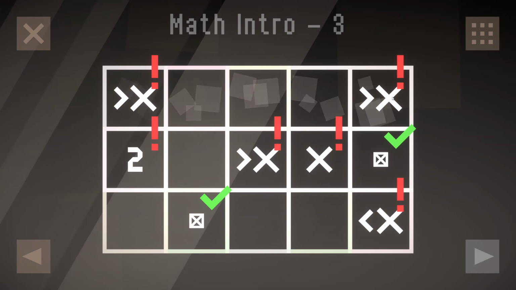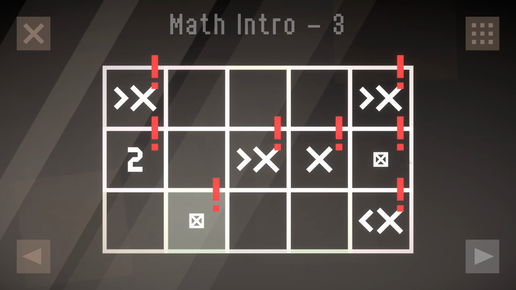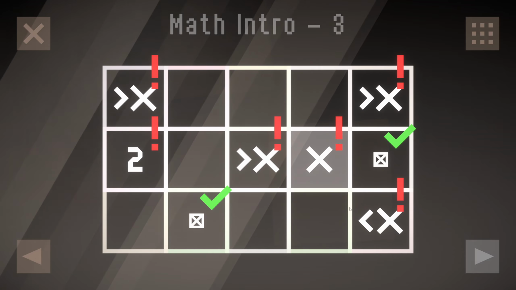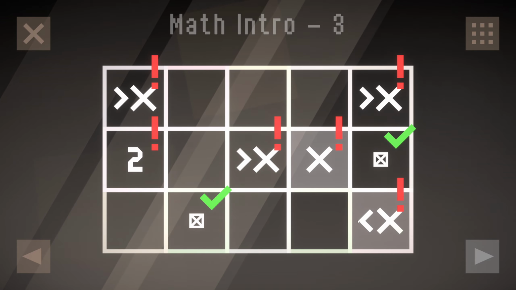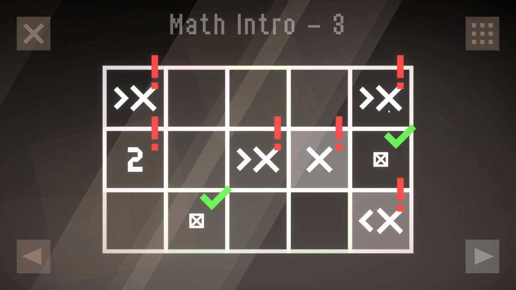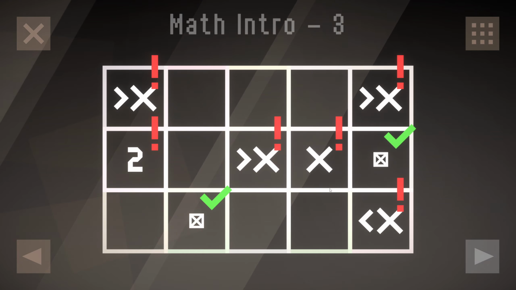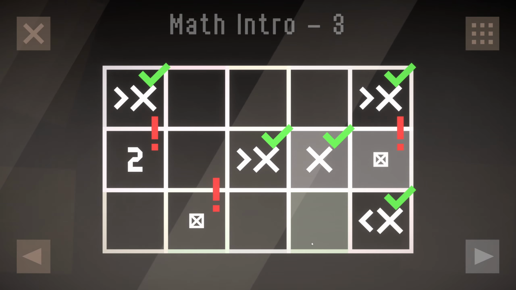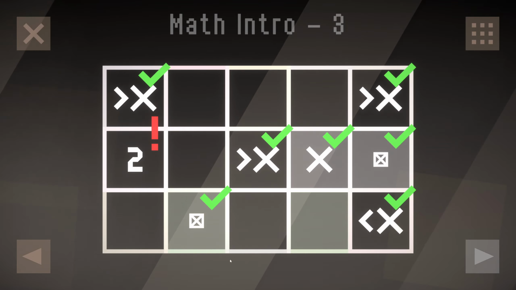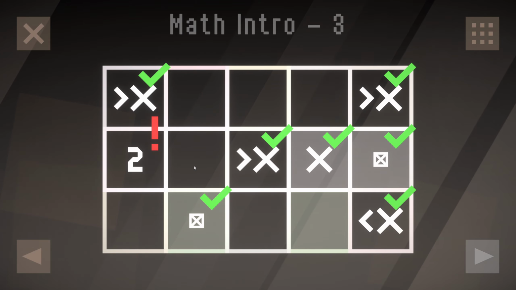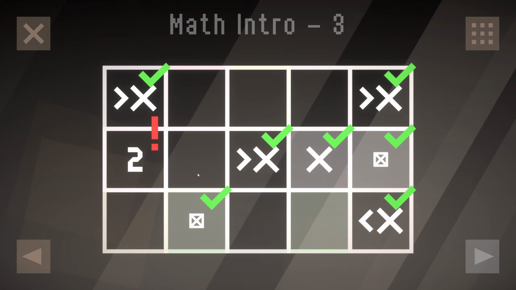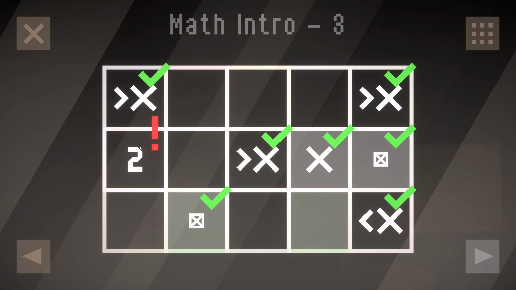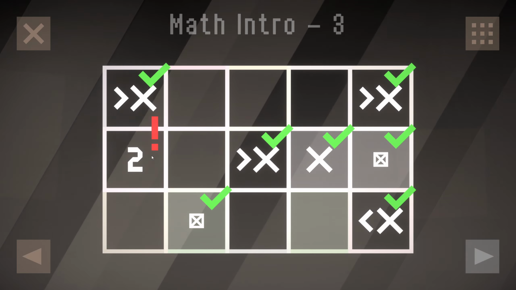But just wipe that off. These need to be true as a pair. If this is X, and this is less than X, but they can't share a zone, and neither can these share a zone, does that mean that X equals 2 or 3? This has to be positive. And then we just have to figure out this 2 here. I think it has to be negative, doesn't it?